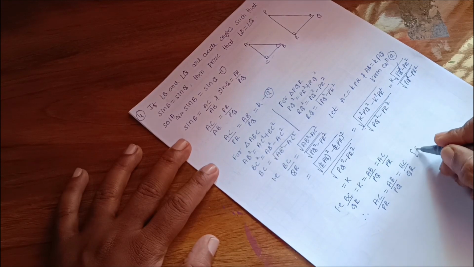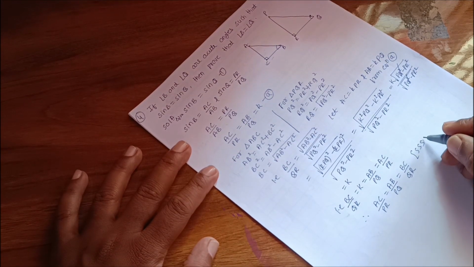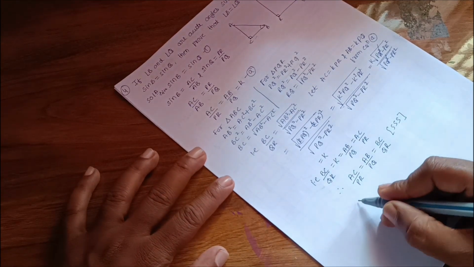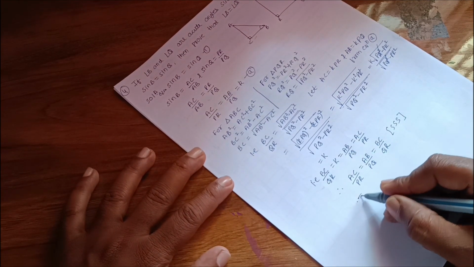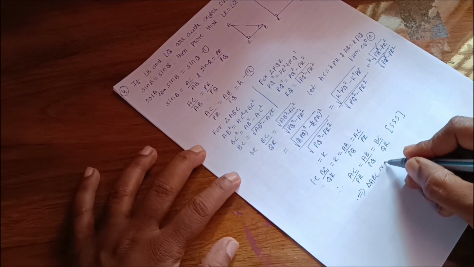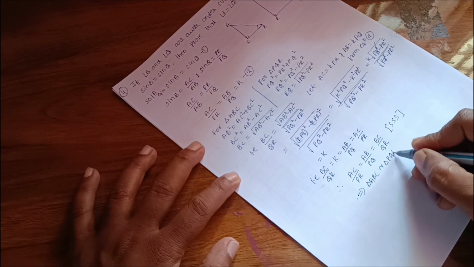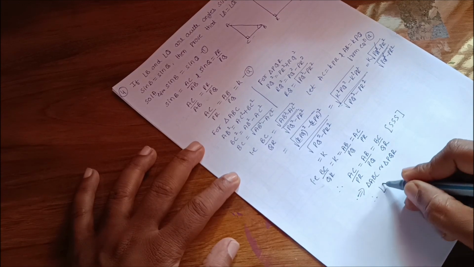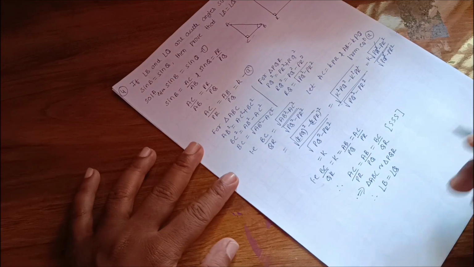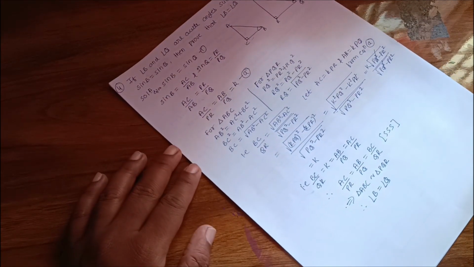So it is nothing but the triple S criteria, the side criteria. If this is satisfied, this implies that triangle ABC is similar to triangle PQR. Therefore, angle B is equal to angle Q, because when triangles are similar, the corresponding angles are equal.